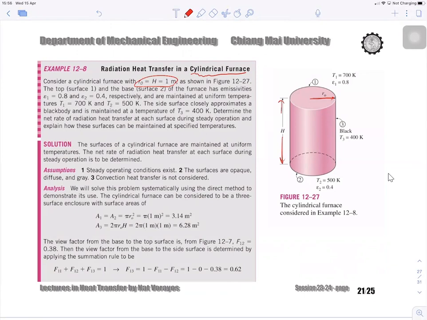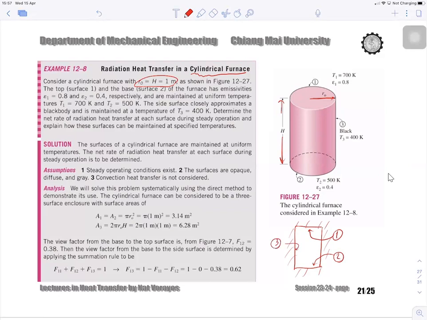Anyway, the surface inside on the top is called surface 1. Let me make the cross section like that. Okay, and this is surface 1. And the base is surface 2. And the rest is going to be the lateral inside surface, surface 3.